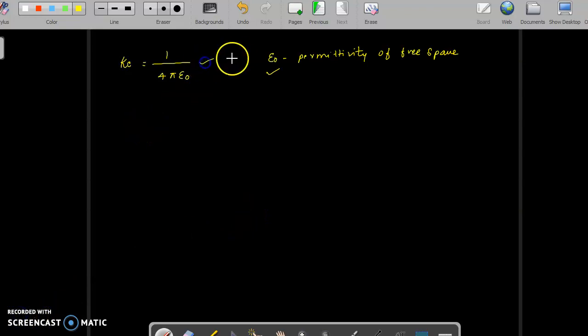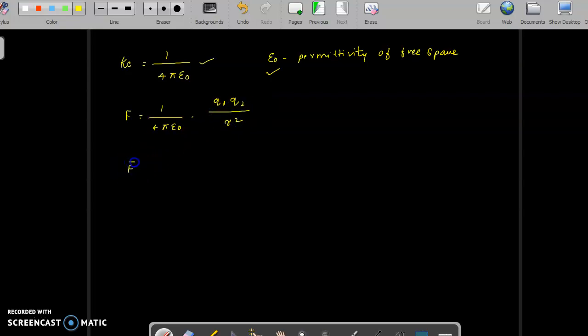So by combining this constant, the force of attraction between two charged particles can be written as F equal to 1 by 4 pi epsilon naught, Q1 Q2 by R square. This is the scalar form.